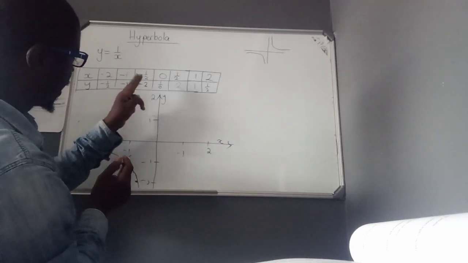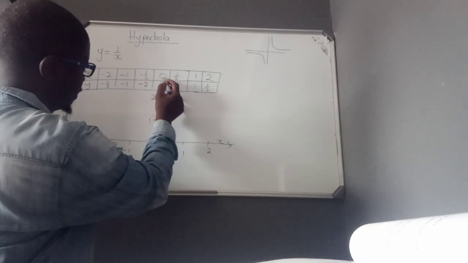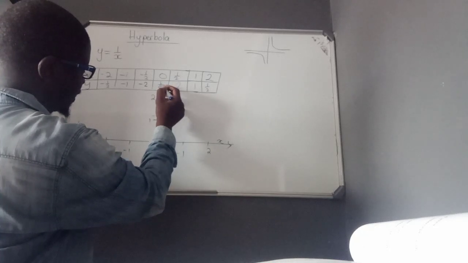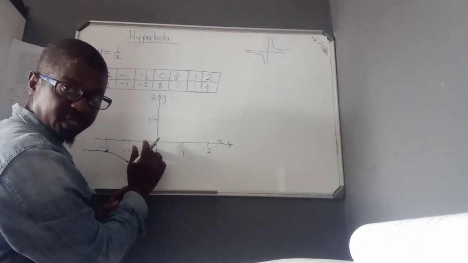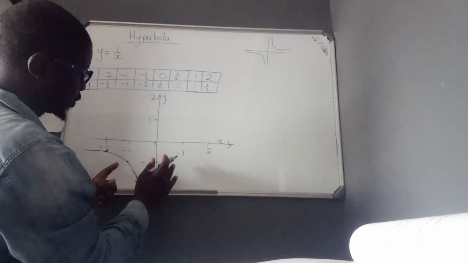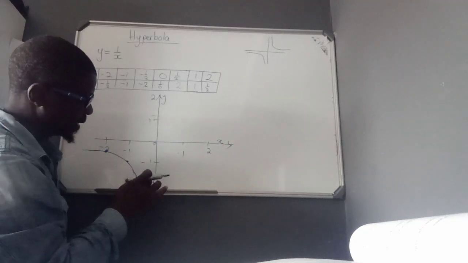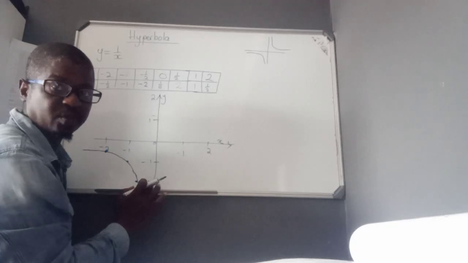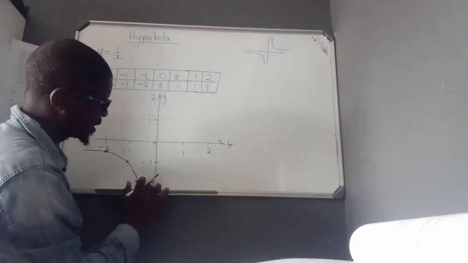Our next point is where x is 0, and 1 divided by 0 is undefined. So we do not have any values for this graph around this point 0, and we don't draw anything there. It means that this graph doesn't touch this vertical line.